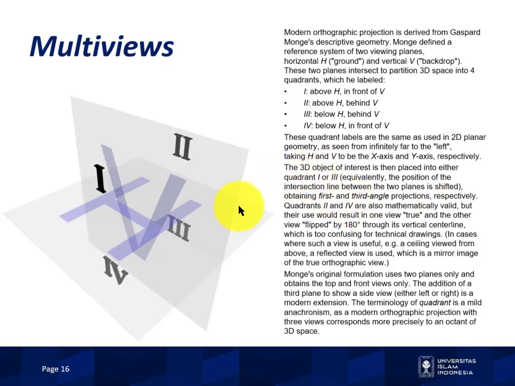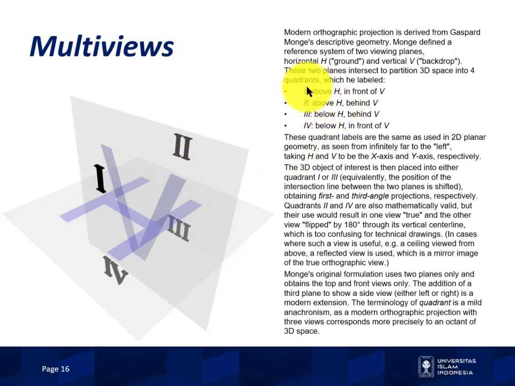Okay, what is multi-views? Modern orthographic projection is derived from Gaspard Monge's Descriptive Geometry. Monge defined a reference system of two viewing planes, horizontal H or ground and vertical V, backdrop, here. So we have an H plane for horizontal and a V plane for vertical.